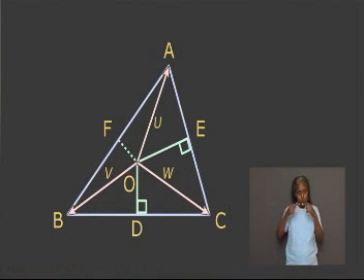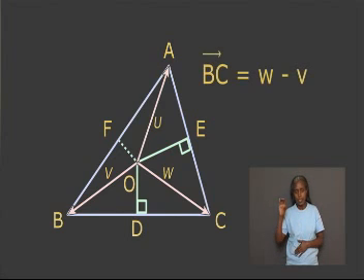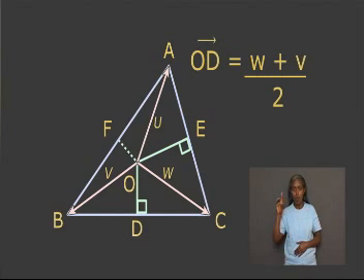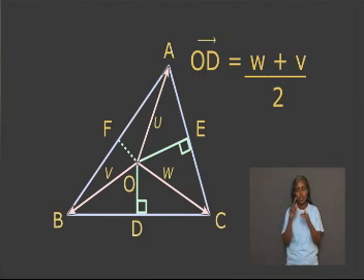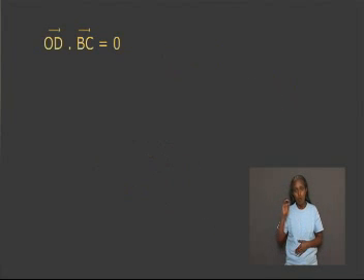Join O to the midpoint F of AB. BC is equal to the difference between W and V, and OD is equal to half of the sum of W and V. OD and BC are perpendicular, as are OE and CA.